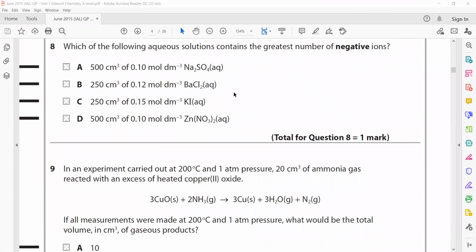Which of the following aqueous solutions contains the greatest number of negative ions? First we'll find the moles for each. The volume is given as 500 cm cube. So 0.5, this will be 0.25, this will be 0.25, and this will be 0.5. 0.5 into 0.1, so this will be 0.05. 0.25 multiplied by 0.12, that will be 0.03.